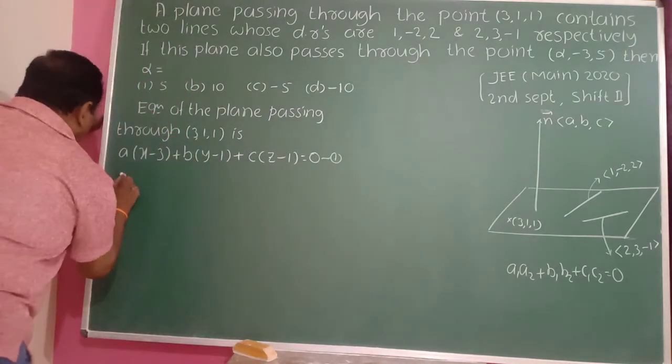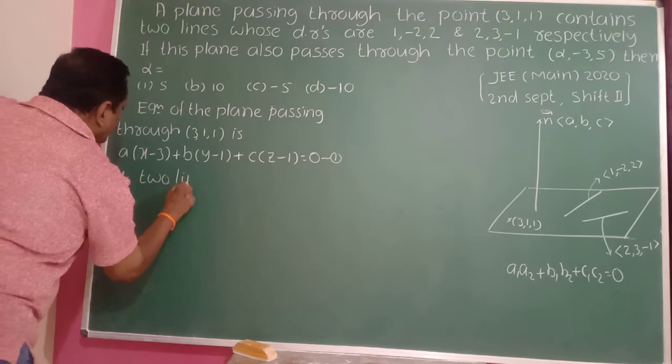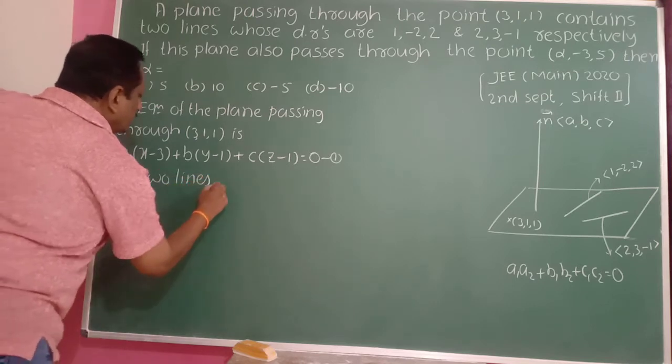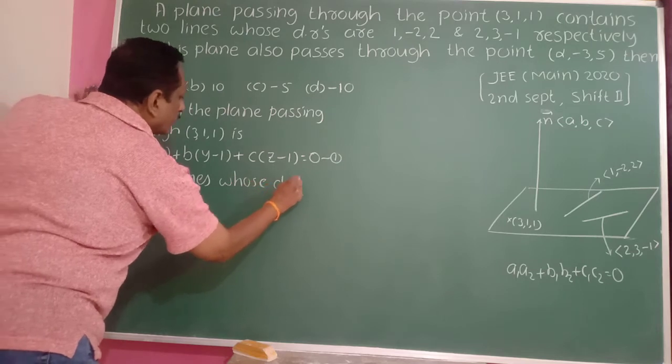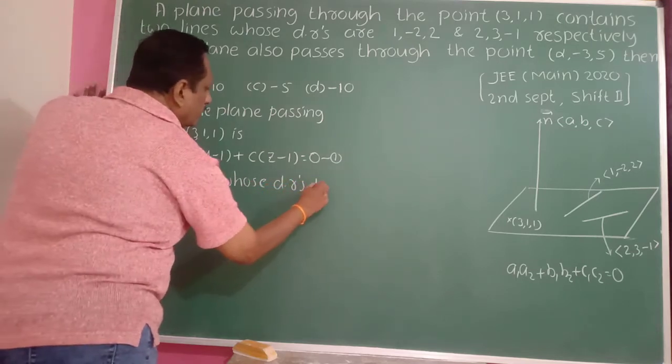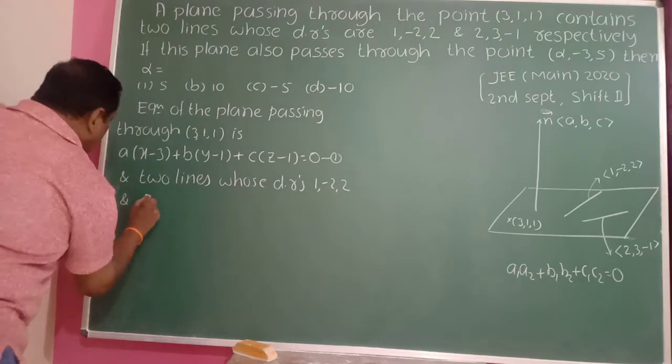Okay, and the 2 lines whose direction ratios are 1, minus 2, 2 and 2, 3, minus 1.